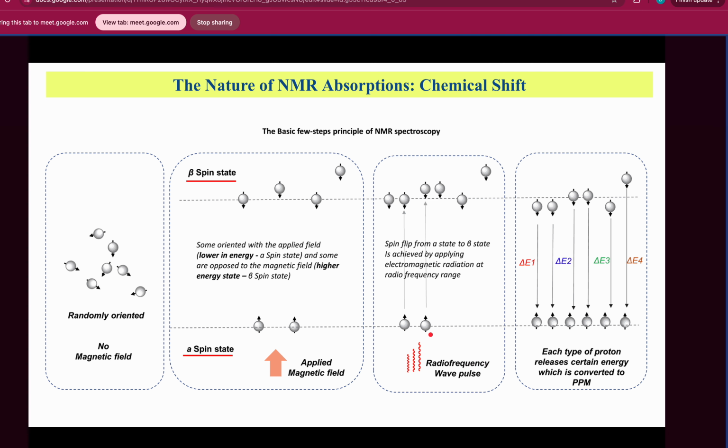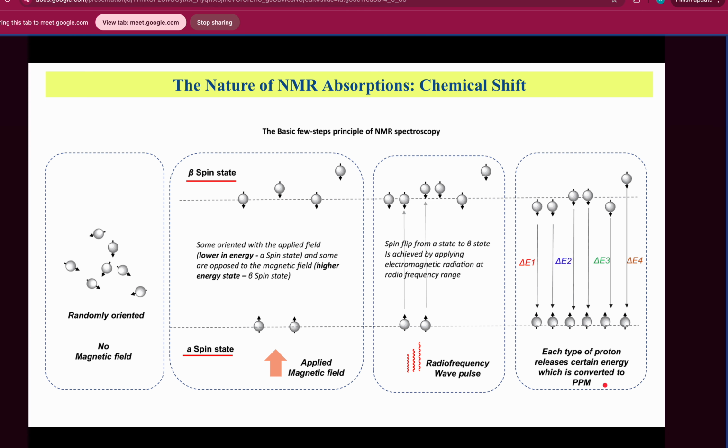These radio frequency wave pulses bring about the change in spin, also known as spin flip, from the alpha state to the beta state. This is obtained by applying electromagnetic radiation, and in this case we are using radio frequency waves. By which the spin flip happens, and now each type of proton will release certain energy, which is converted to ppm, parts per million, which is the shift.